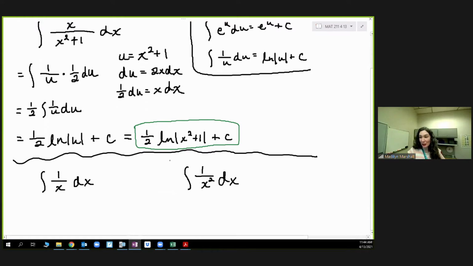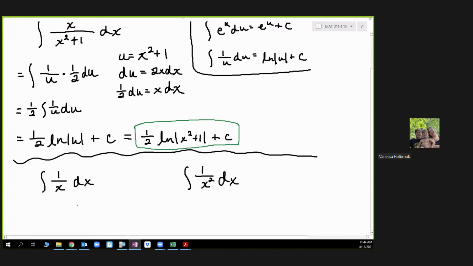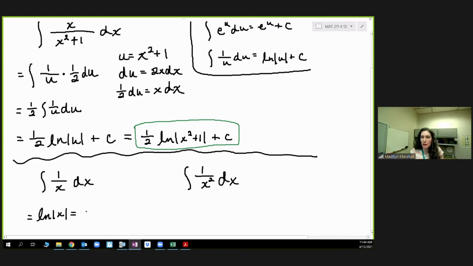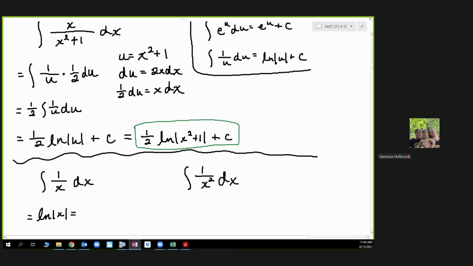So these two look awfully similar, and so it looks like maybe they would use the same rule, but they don't. So that one's the natural log of x plus c. Right, exactly. In absolute value. There we go.